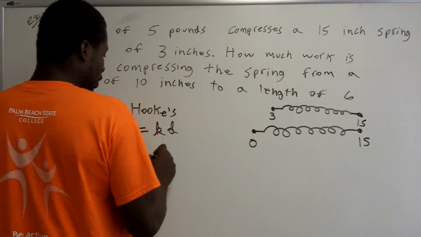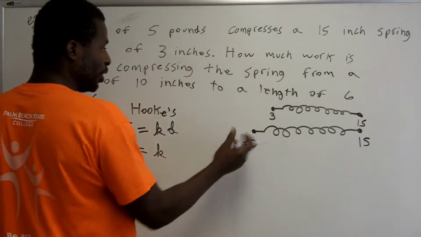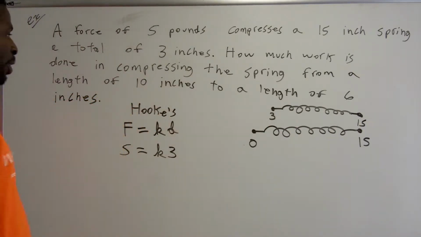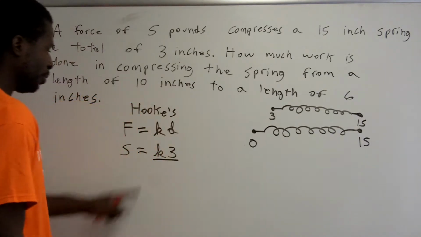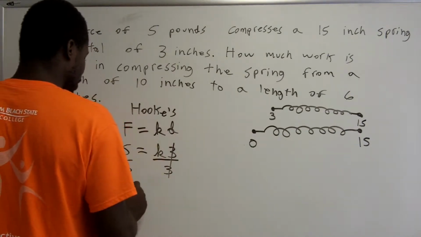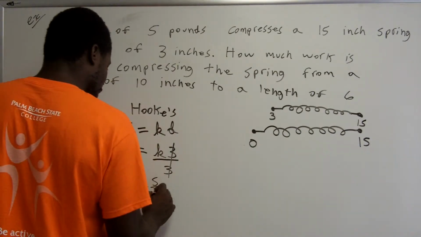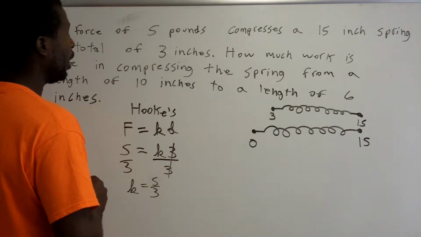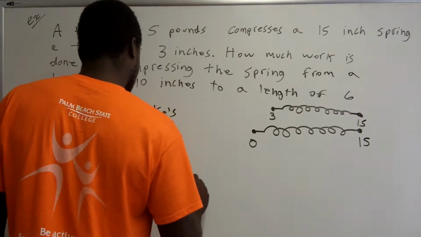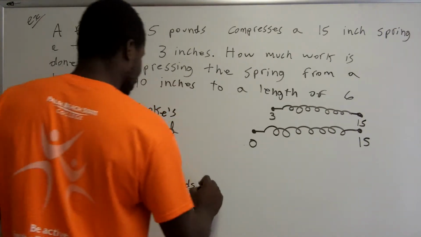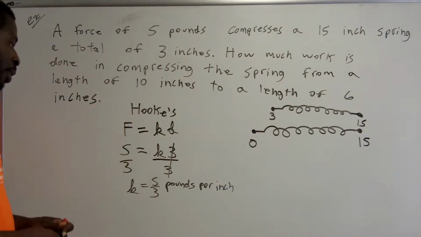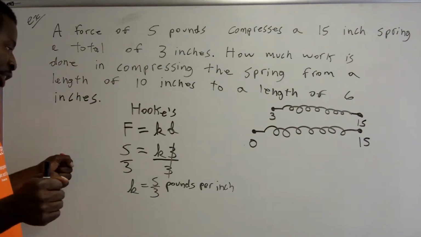So we don't know the spring constant, but we do know the distance that the spring is being compressed is 3 inches. So we can find a value for the spring constant, and the value for the spring constant is then 5/3. And that is 5/3 of a pound for every inch. So the spring constant says this spring requires 5/3 of a pound for every inch of compression.